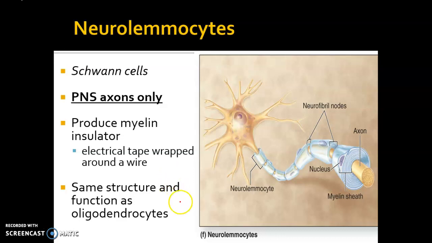So one neurolemmocyte will myelinate one axon. It's like me tutoring. So I will only tutor one student at a time. So that's how neurolemmocytes work. It also produces myelin sheath, which works as an electrical tape around the axon. Same structure and function as oligodendrocyte, but remember it's one-on-one.